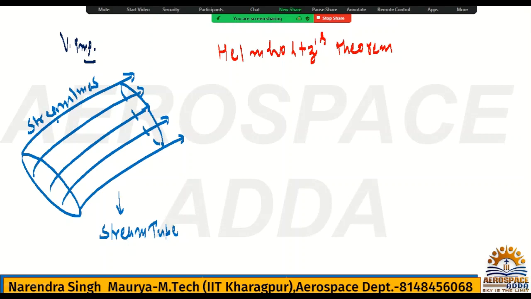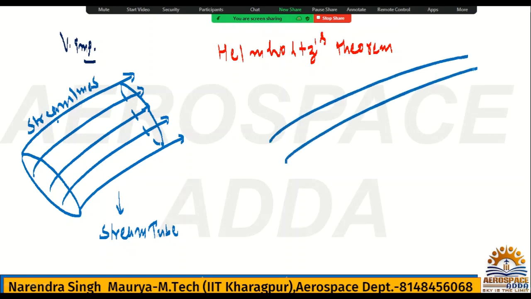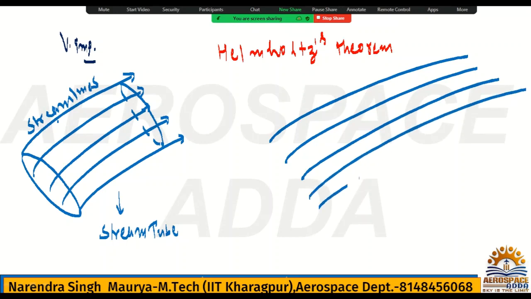Similarly, we have a vortex tube. As the word itself suggests, these are the vortex lines, or you say vortex sheet.